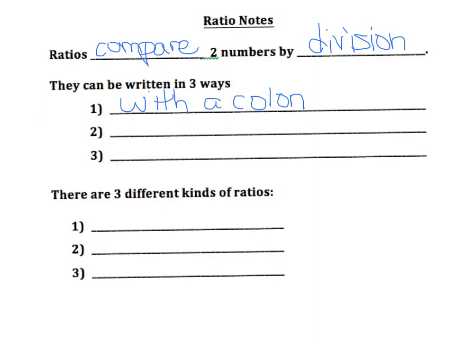So for example, 3:4, that's a ratio. We could write it as a fraction. So instead of 3:4, 3/4. And the last way is to use the word "to" between the two numbers.